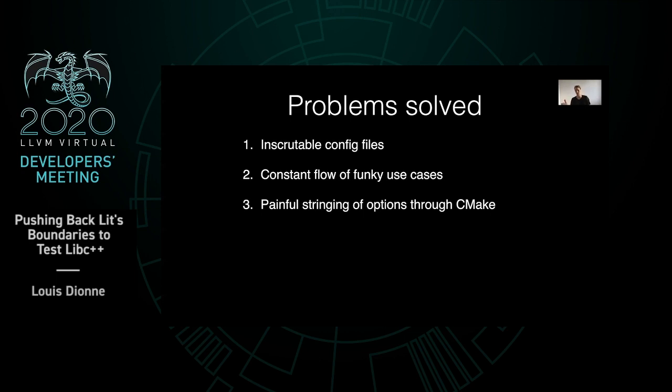And so we'd end up with a bunch of options in our CMake whose only goal really was to tweak how the test would be run, which I think is wrong, because really what we want to do instead is just allow CMake to decide which configuration file to use for running the test suite, and then that configuration file can be as complex as it needs to be without actually having an impact on the CMake itself, which should really be just how to build libc++ as simply as possible.